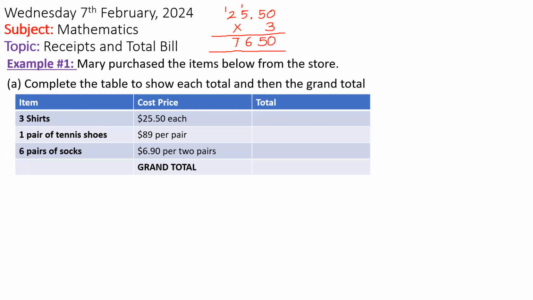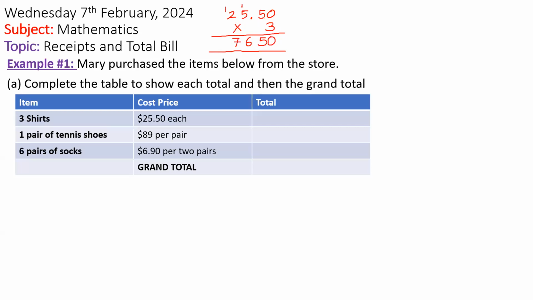So if we want to figure out the total price for 3 shirts, it's going to be 7,650, right? No, sir. What do we have to do then? Put the decimal point between the 6 and the 5.